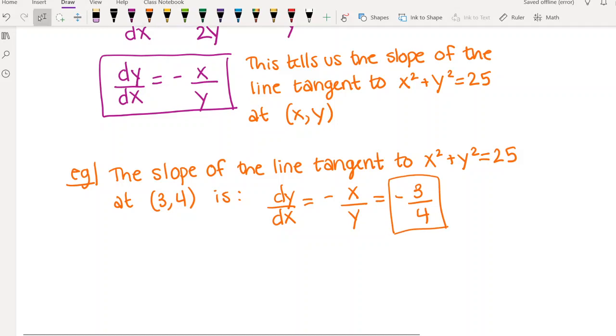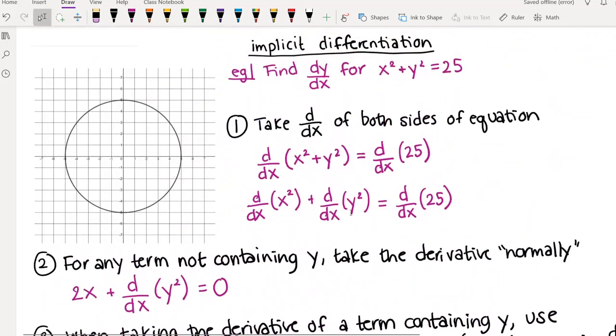I just want to quickly point out, why is it that we need to plug in both an x and a y value? Well, let's look at the graph. If I had just told you to find the slope of the tangent line at x is equal to 3, there would be two different points, right?